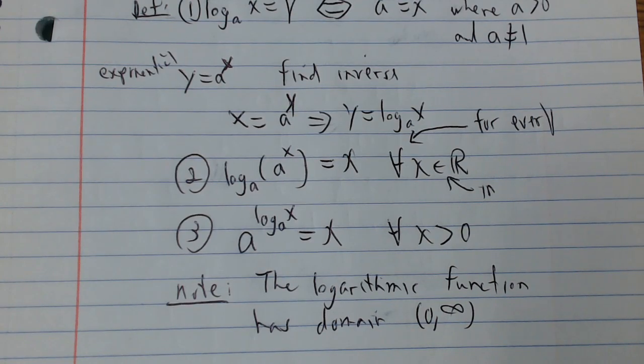Okay, so moving on to some of the laws of logarithms that we've seen in analysis. I'm going to go through these fairly quickly, but I think it's important that you write them down anyway so you have them. So, laws of a logarithm.